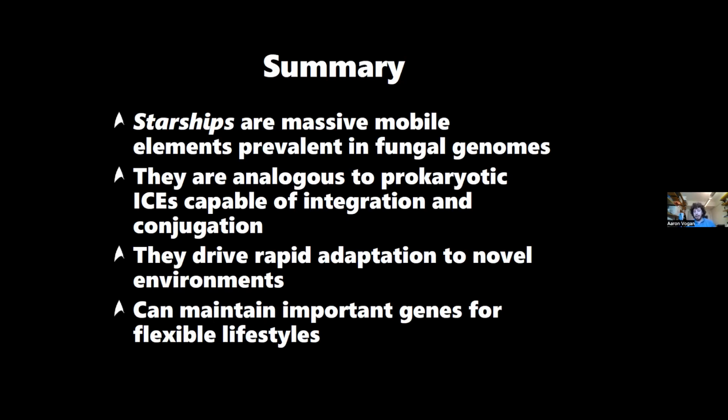We've shown in at least a few cases that they do drive adaptation, and in many cases rapid adaptation to novel environments. And we think that this is important on a broader evolutionary timescale for maintaining very flexible lifestyles, so that many of these species can live in soils or on plants or in human environments just by swapping out these genes in these starships.